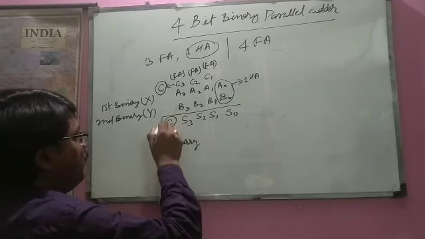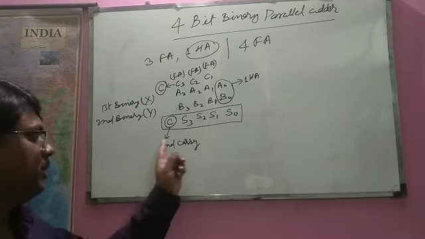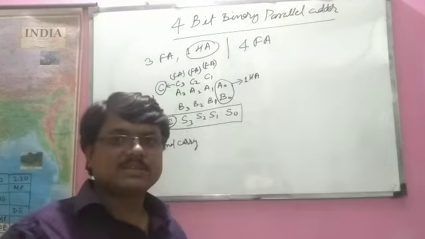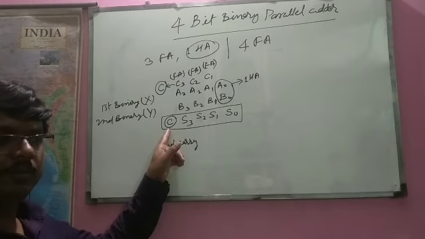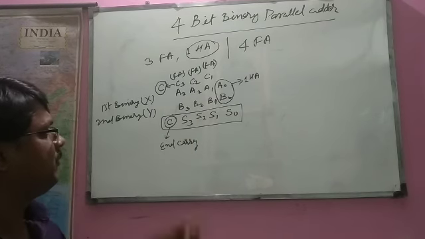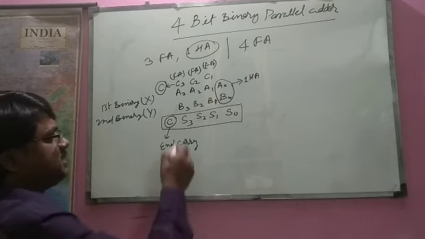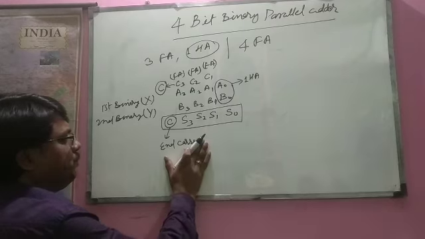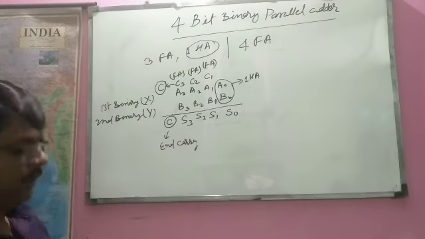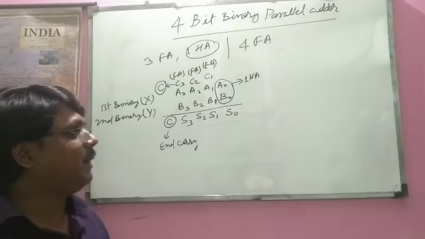This is the full value of the added values. If we are using one's complement, we will add this end carry, but if we are using two's complement, then we will discard this carry. So that is very simple. This is the principle of operation of the 4-bit binary parallel adder.